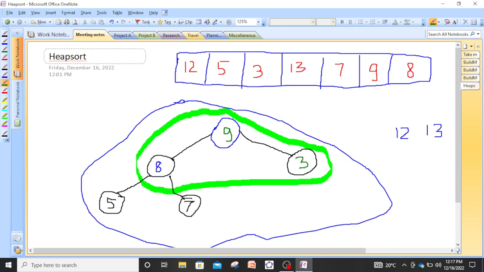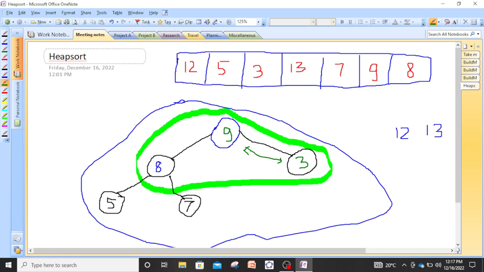Now the next step: an interchange has taken place, and you must observe that it has taken place in the right part of the root node. So we have to come down. If you go down, you will see that 3 has no children.